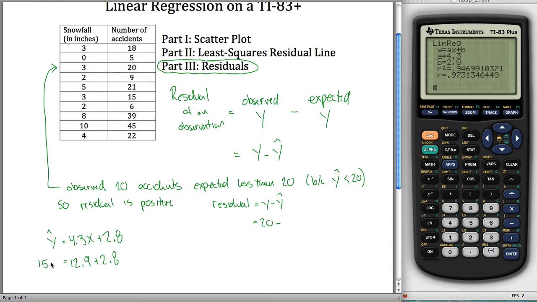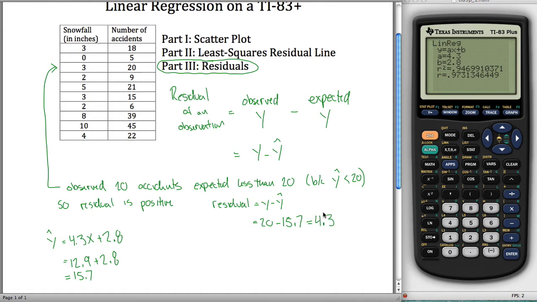I think that's right. Maybe I should write that on the other side. So what happened there is we only expected 15.7 car accidents, but there were 20. 20 minus 15.7 is 4.3.